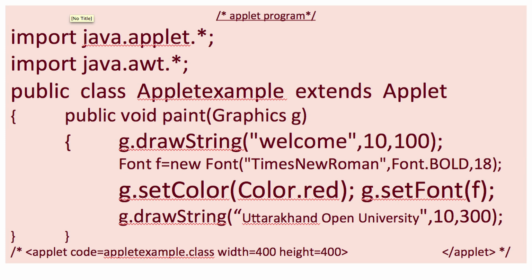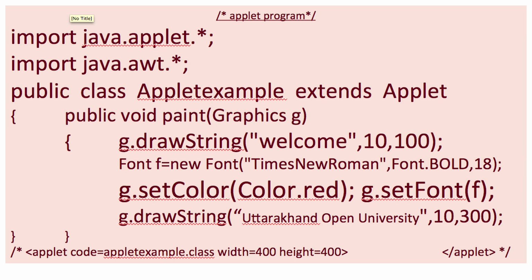As in the previous program, we have public void paint(Graphics g), and inside this paint we have written g.drawString. In the same way, inside drawString we have mentioned a welcome message, and this welcome message will be displayed at coordinates 10, 100 of the applet window.